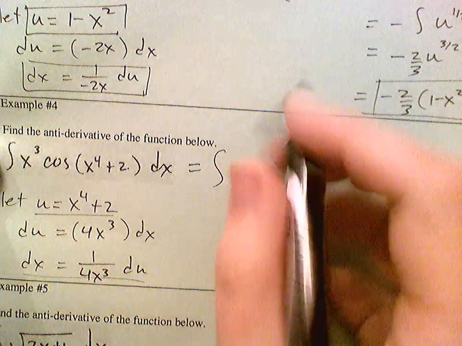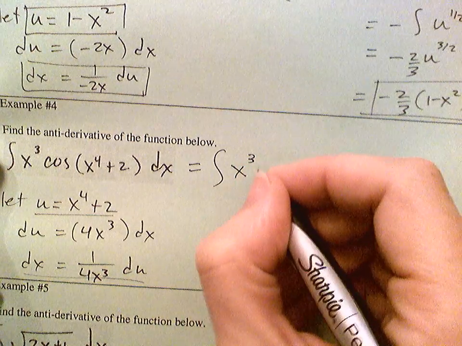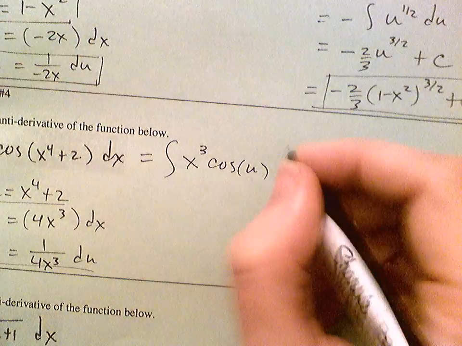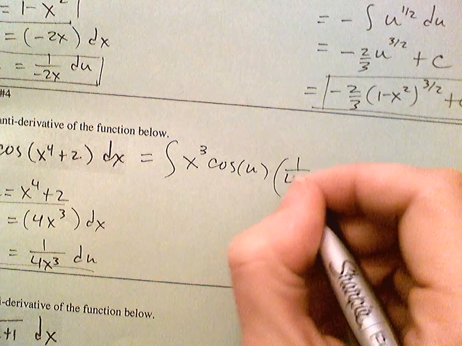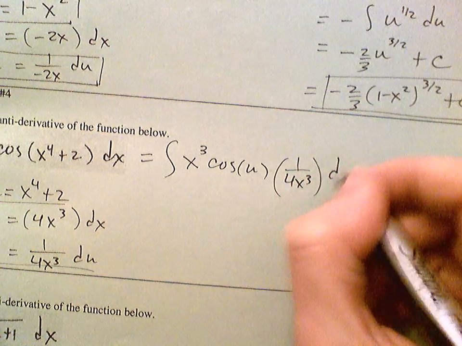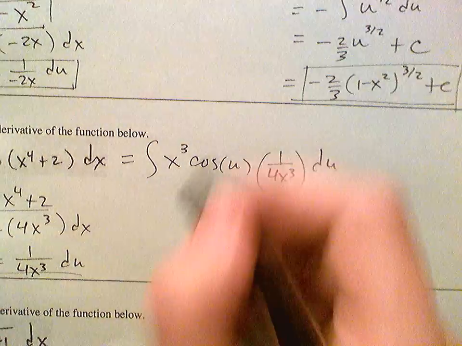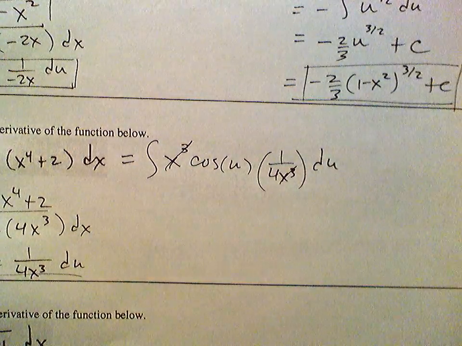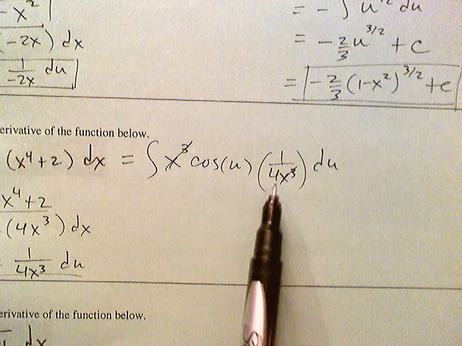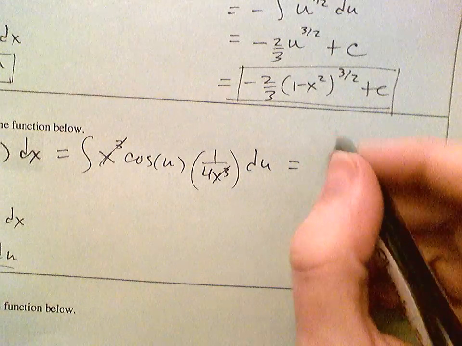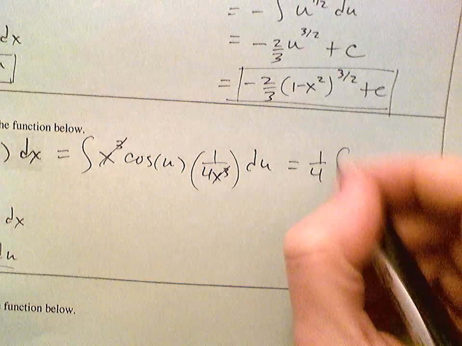So the antiderivative of x to the 3rd cosine of u, and then times 1 over 4x to the 3rd du. And I'll know that I made the right choice if the x's cancel, and they do. So those cancel. I'm going to pull that 1/4 out front. That's the constant multiple rule.